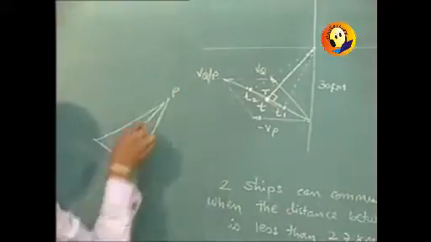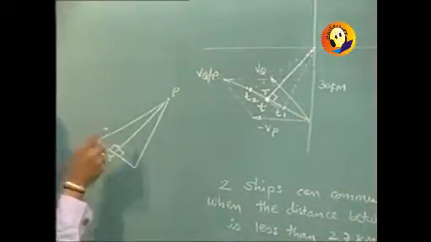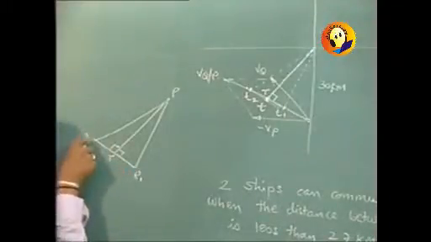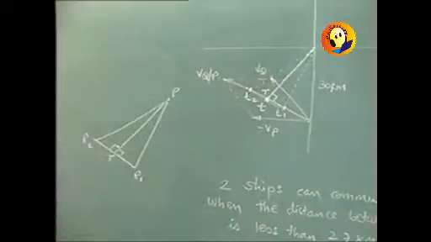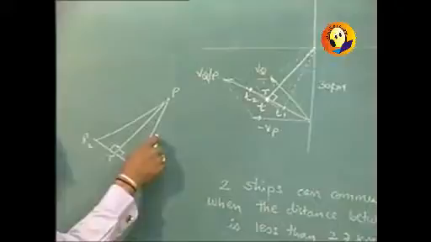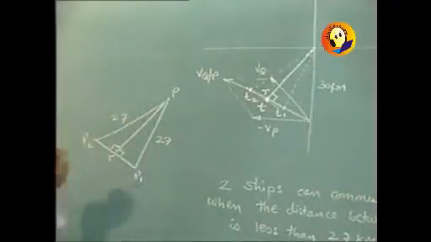We know that this is a right angle, and if I call these points R1 and R2, then we are given that PR1 equal to PR2 equal to 27 kilometers.